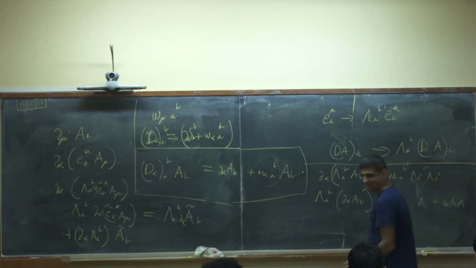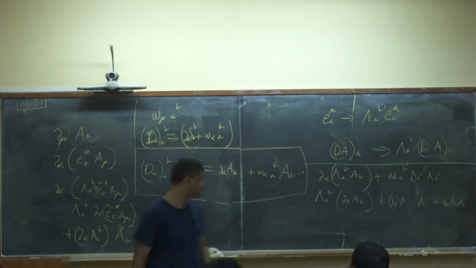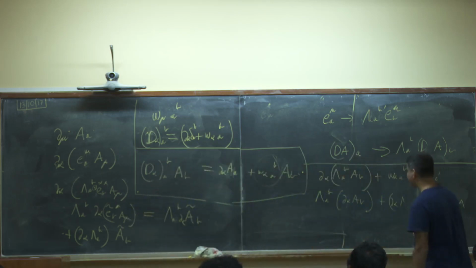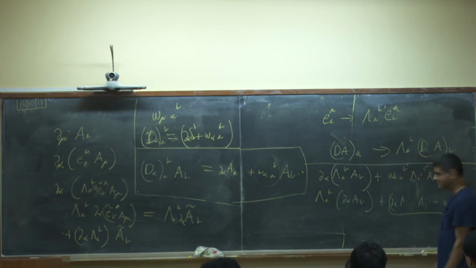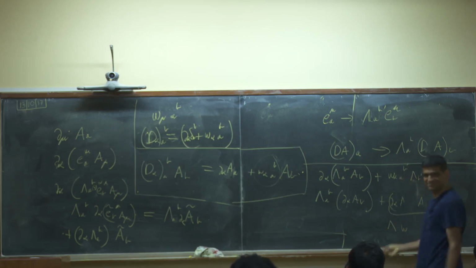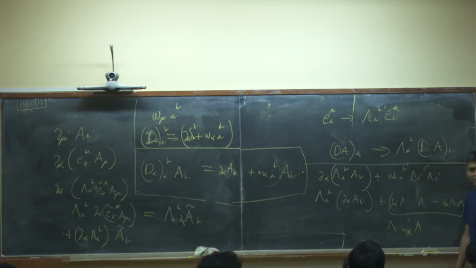So this is a matrix equation. But I want this whole thing to be lambda times the new omega times psi, del alpha plus omega alpha. This whole thing has to be this. Okay?